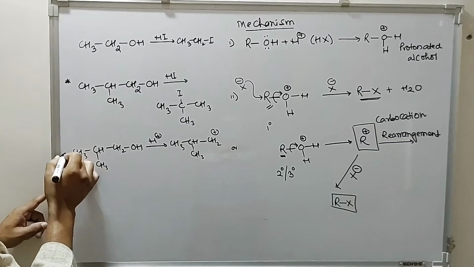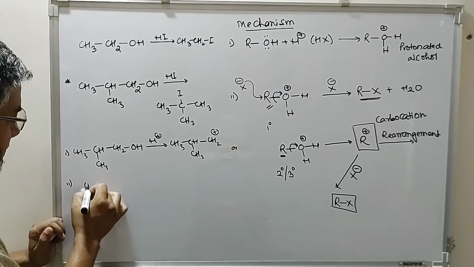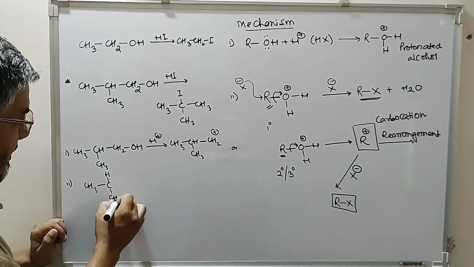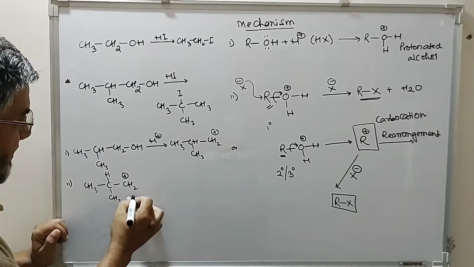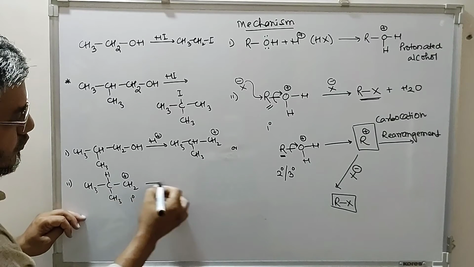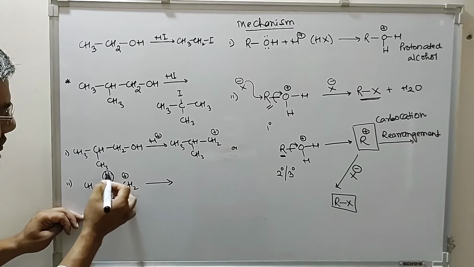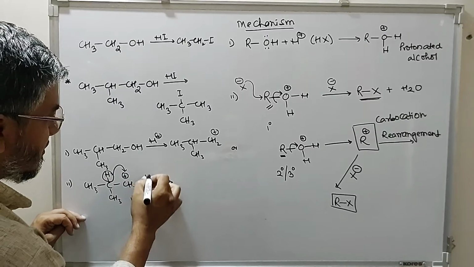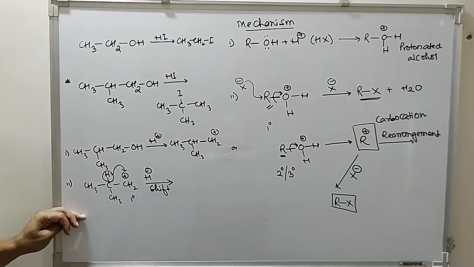Now this cation can undergo rearrangement. Look at this. CH3, CH, CH3, CH2 plus. This is primary. Now look at it. This primary can rearrange to a more stable tertiary by a hydride shift. This hydrogen minus shifts from this carbon to this. That is H minus shift, hydride shift.